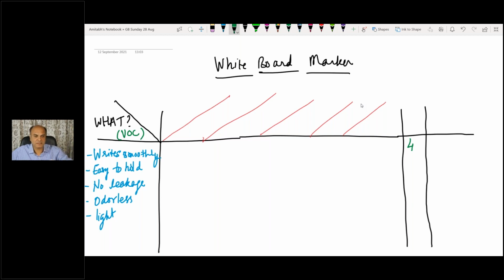That's what we have to write. So in whole numbers, let's put 4.8 as say 5. Easy to hold can be 4. No leakage, also 4. Odorless, yeah, a little bit of odor is okay. It should be light. Well, yeah, it is important, but not so important.